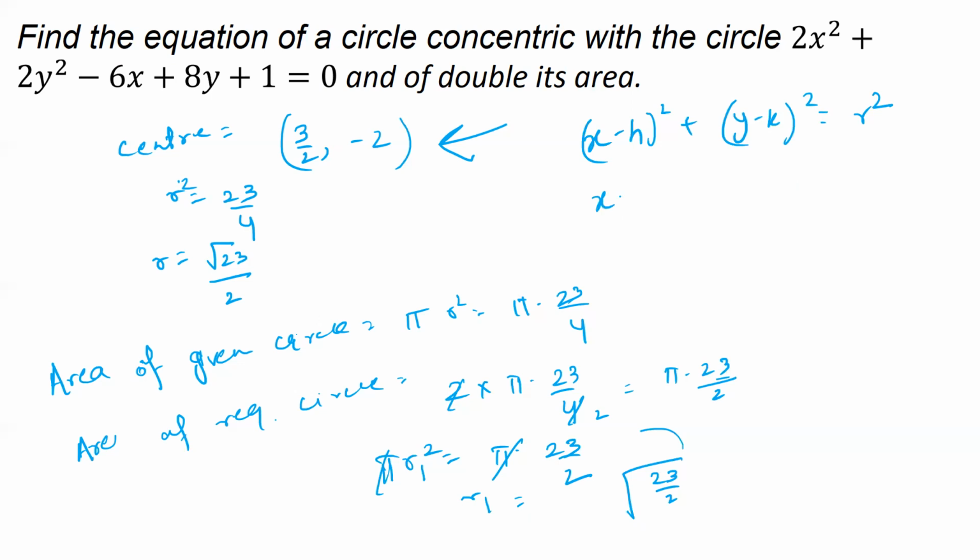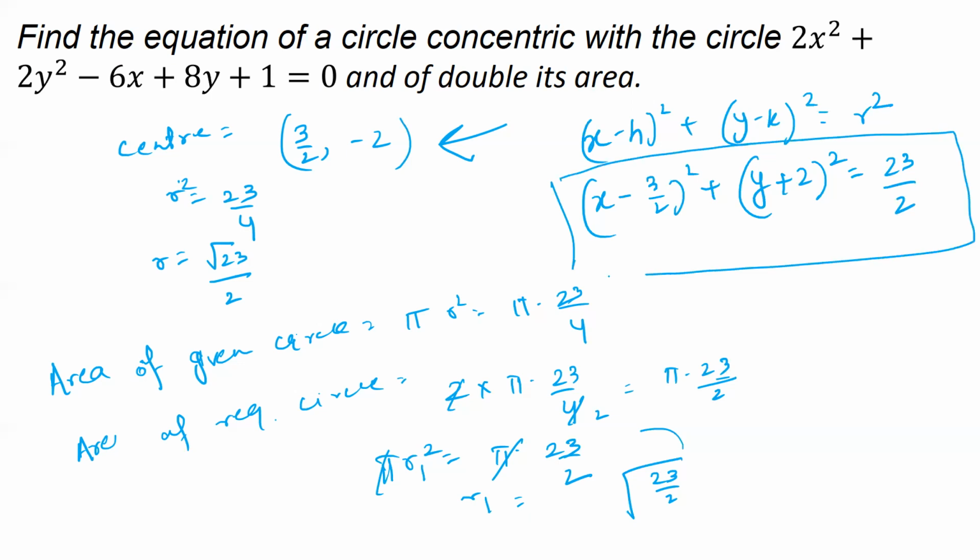I just plug in the values: x minus 3 by 2 the whole square plus y minus minus 2 gives me y plus 2 the whole square is equal to the radius of this required circle, root 23 by 2. So its square is 23 by 2. Again, squaring gives me the same thing. So this is the equation of my required circle.